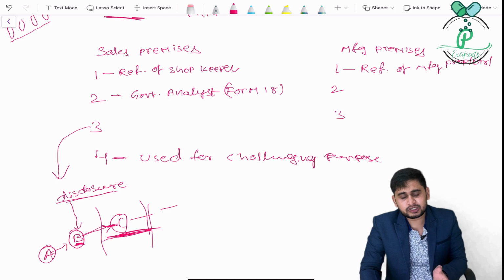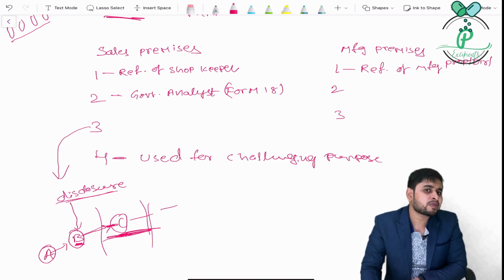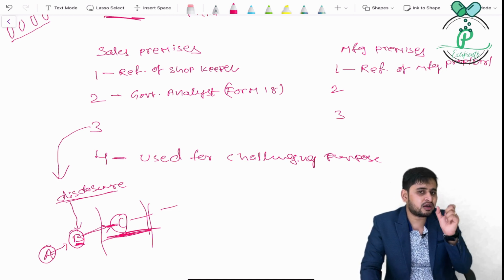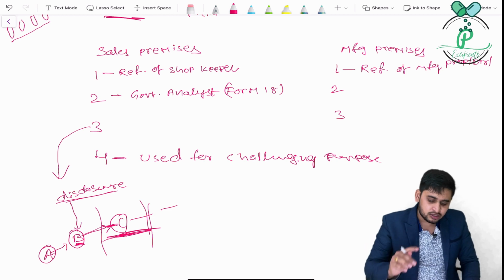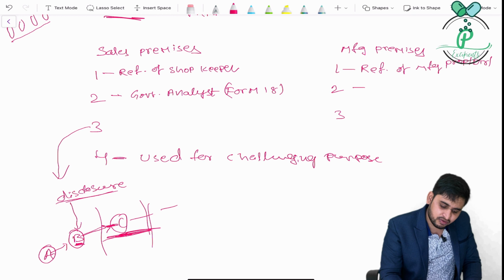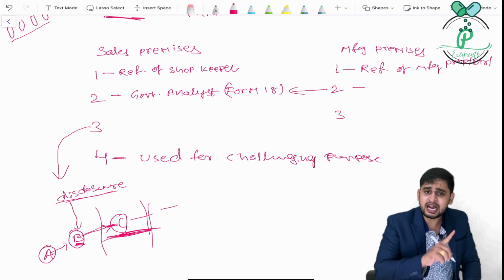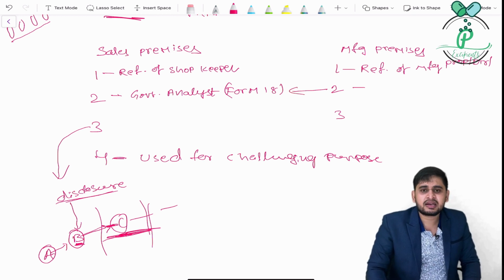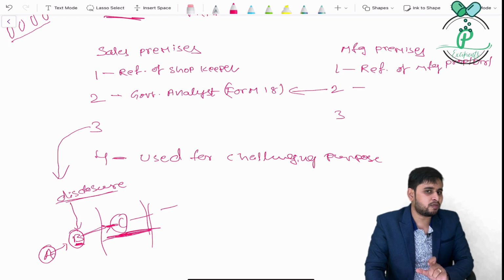So this first portion will be handed over to the authorized person or proprietor or director. The second portion will be sent to the government analyst for test and analysis.